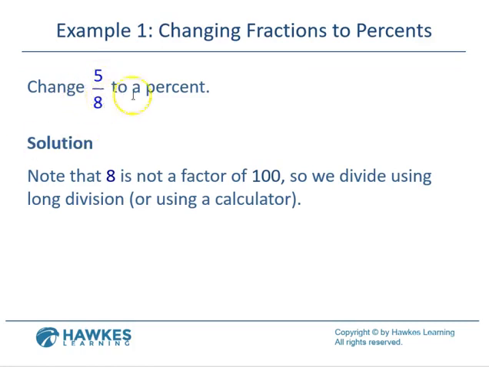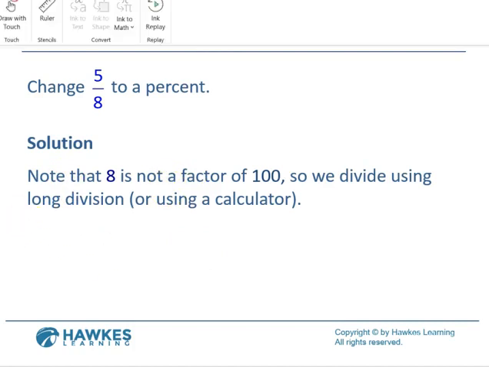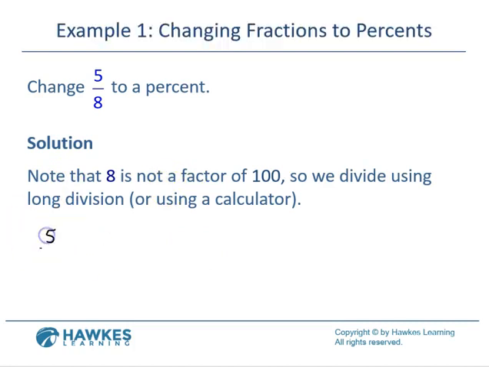Okay, change 5/8 to a percent. Note that 8 is not a factor of 100, so we divide using long division. Here we're going to start using our calculator. I think by this point in time you've finally earned your right to do that. So 5 divided by 8, whenever I put that in my calculator, gives me 0.625.